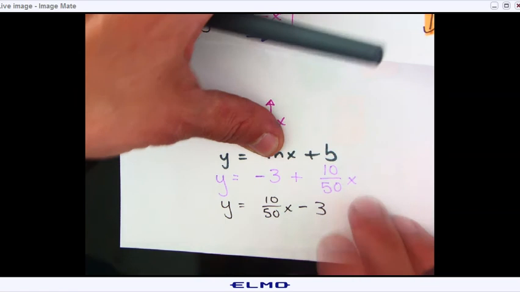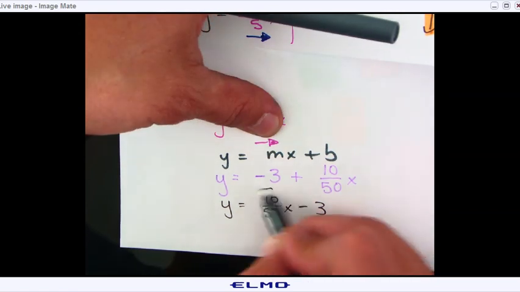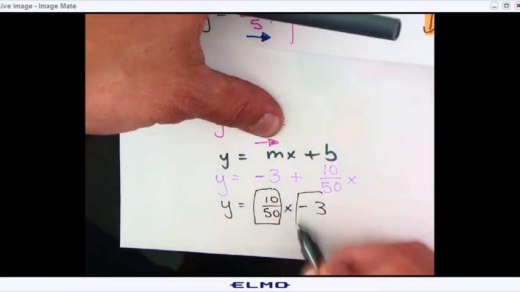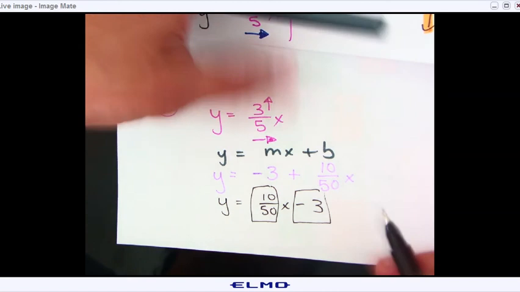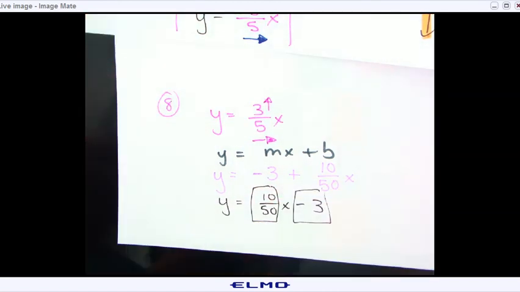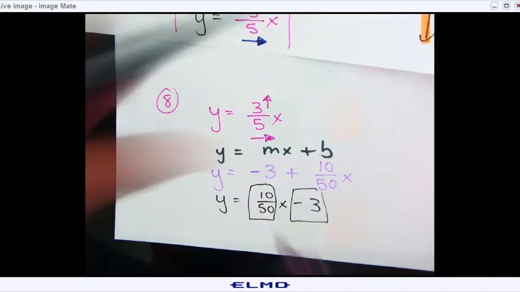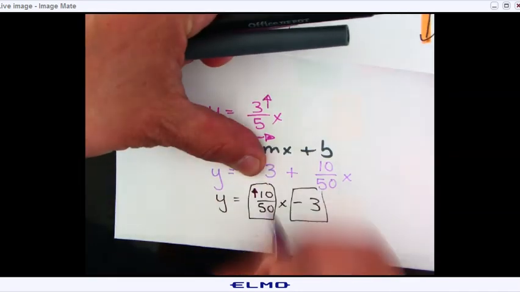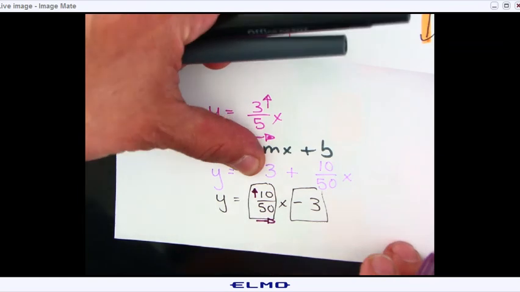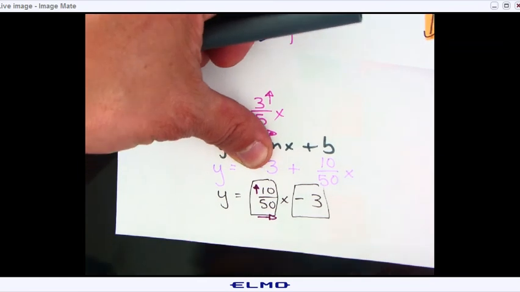All right, so now y is equal to m, and then there's your b, your starting point. So then you could do rise over run. However, you need to simplify. Okay?